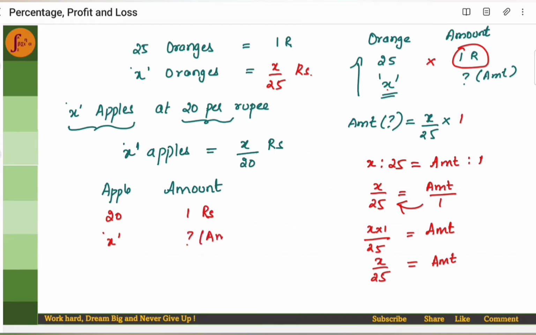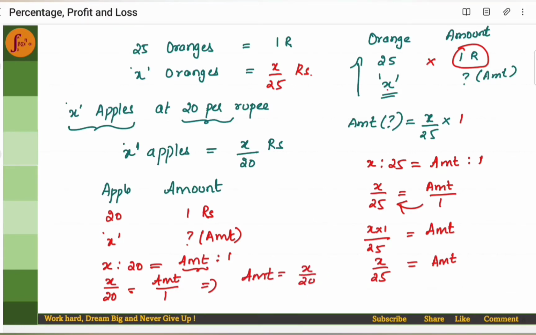I'll write X is to 20 is equal to amount is to 1. So X by 20 is equal to amount by 1, which means amount is equal to X by 20 when I shift 1 this side. So amount is X by 20 rupees. This is the cost of apples.